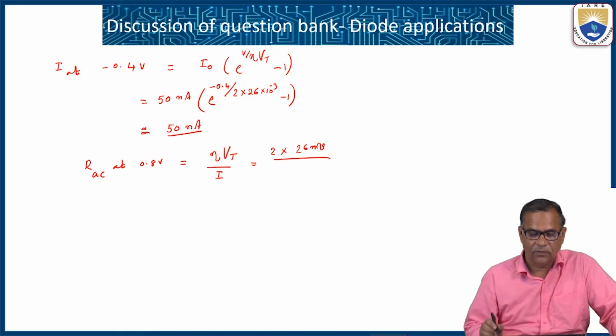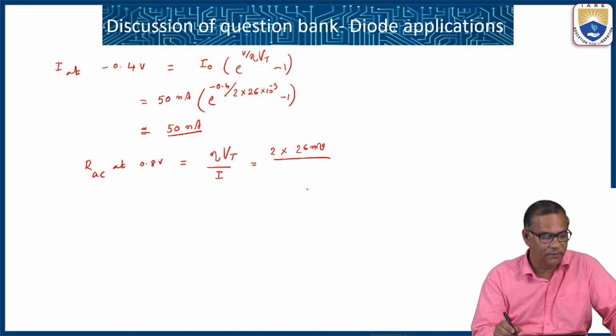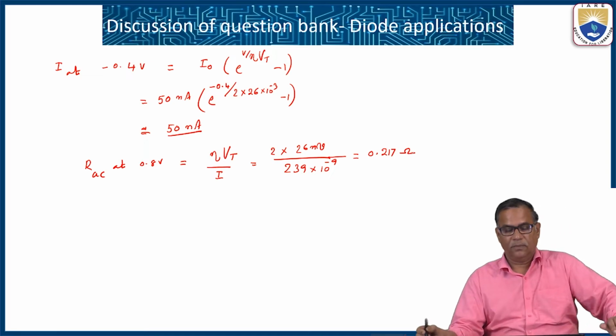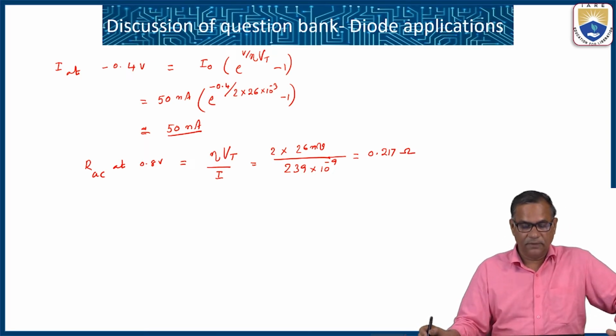And the current we have calculated has come 239 nanoamperes. So this is equal to 0.217 ohms. So this is the value.